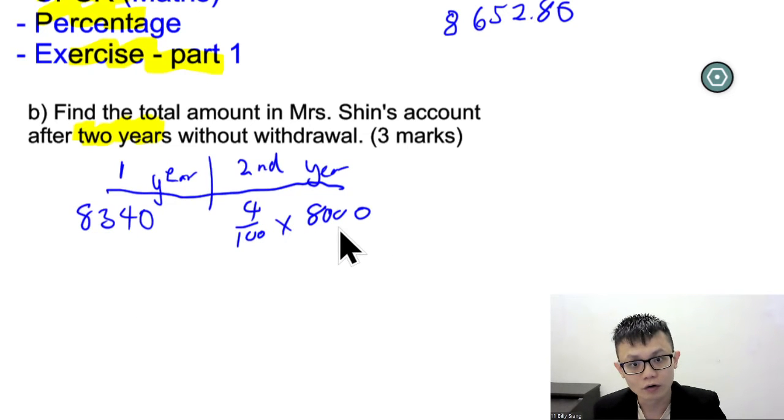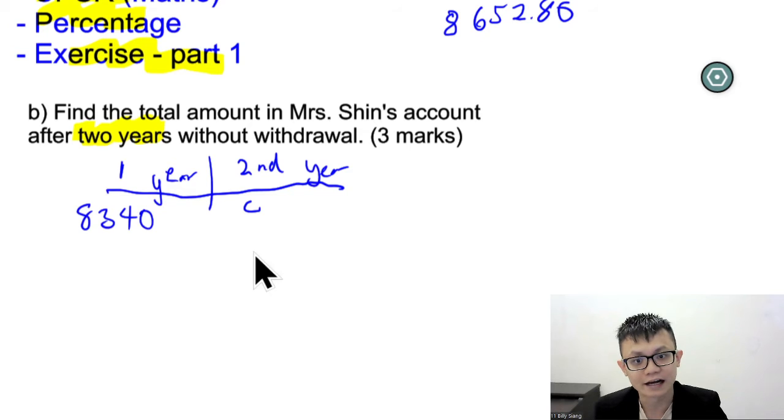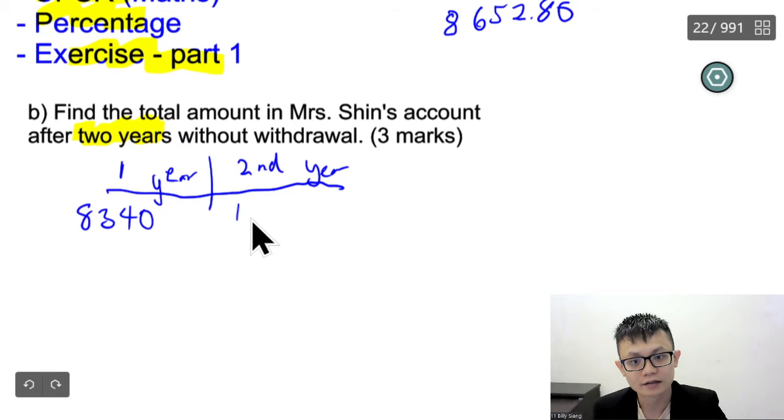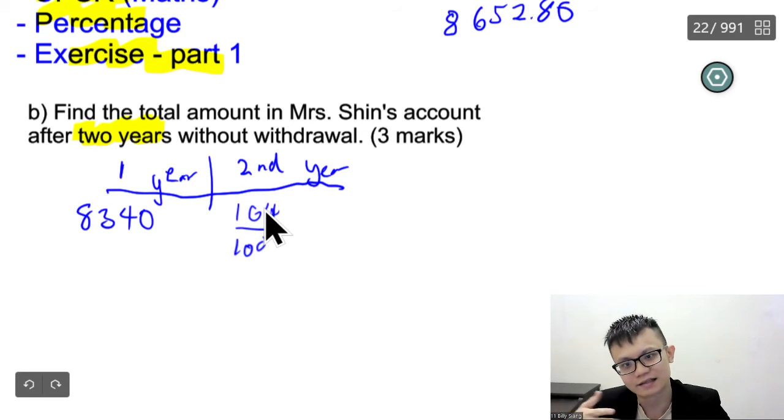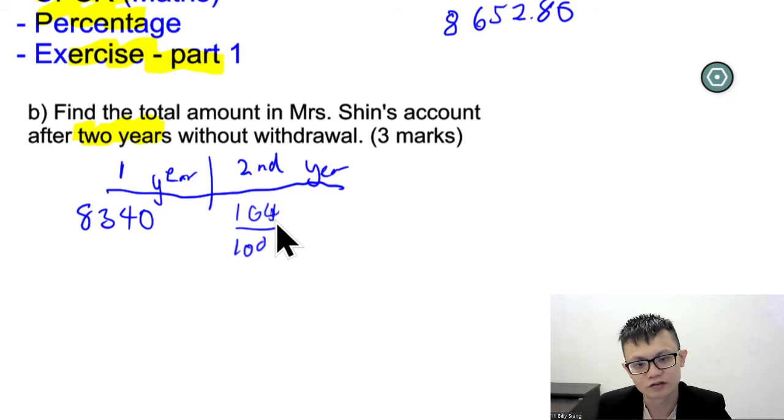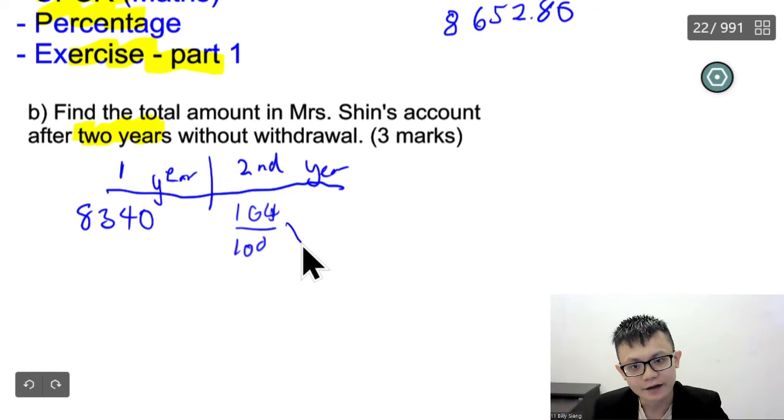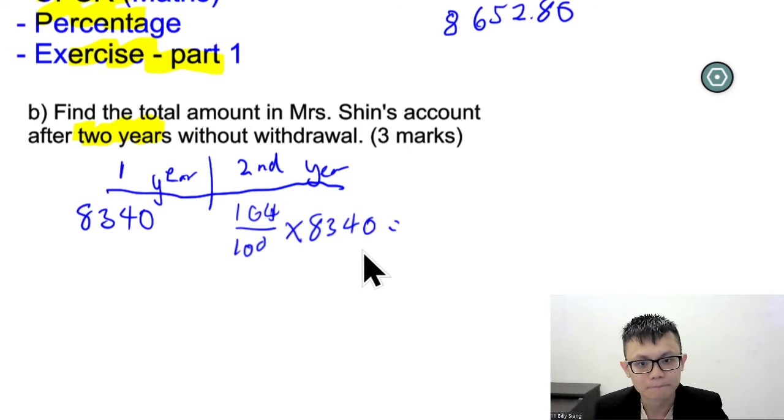So I do a bit of a shortcut. Instead of working out 4% and adding it back, I just lazily use 104 over 100 times 8320. So you do this and see what you will get.